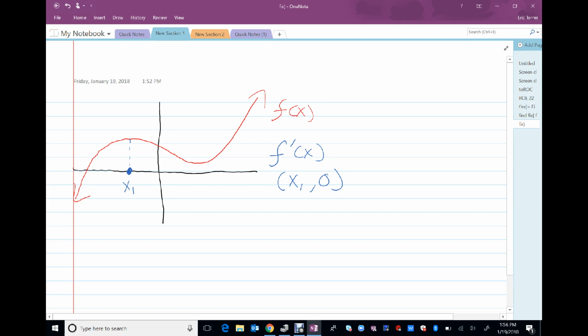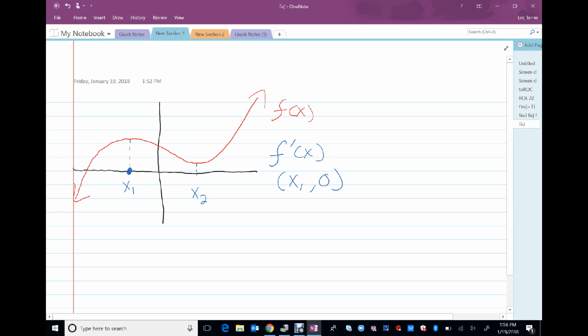Let's take this second x value. Okay, along here my function is decreasing, decreasing, decreasing, increasing, increasing. So decreasing, increasing. And somewhere along the way, approximately here, it stopped going down and started going up.